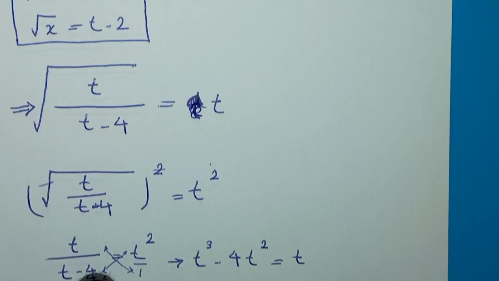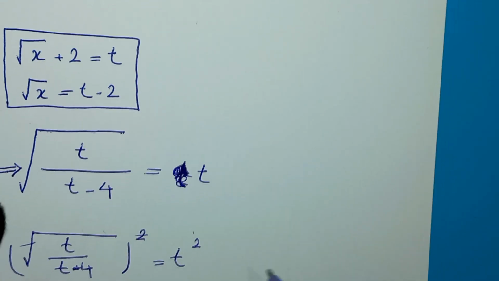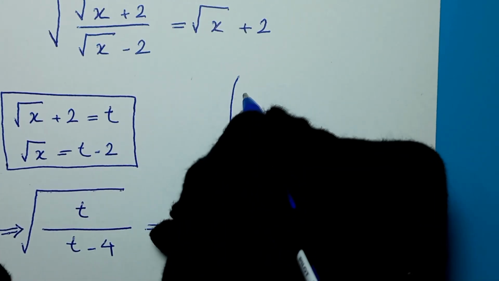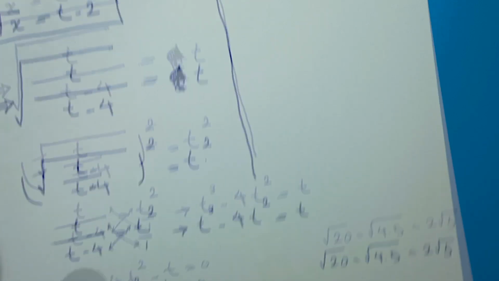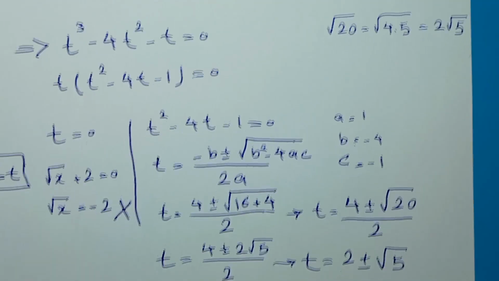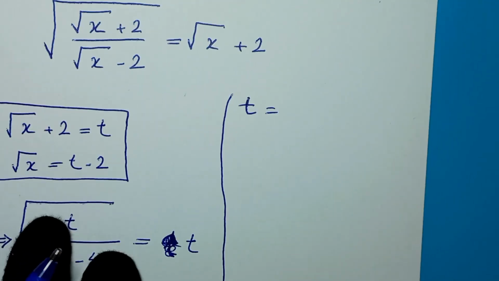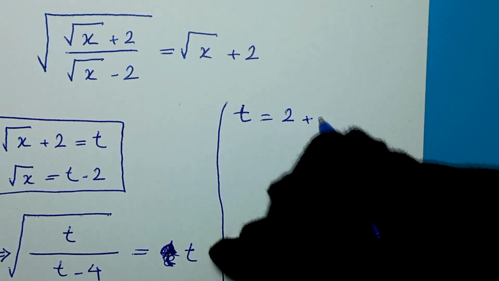And in here, t is equal to square root of x plus 2. So we write in here, t is 2 plus or minus square root of 5. We write in here, t is equal to 2 plus square root of 5.